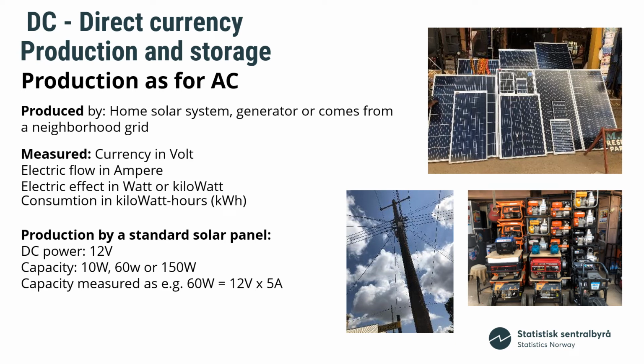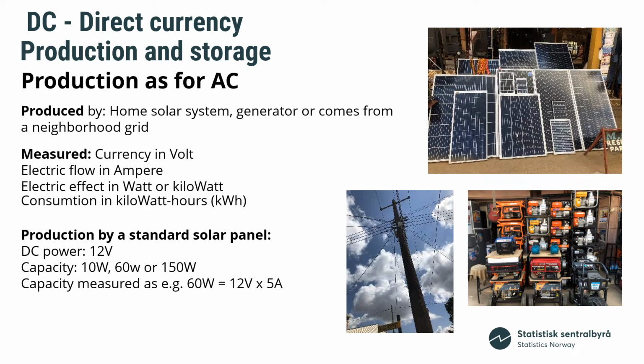The DC power is produced in the same manner as the AC power. If you try to transport this around your community or even further away, you lose a large share. It's however possible to store this type of energy in simple batteries. Hence, DC power is either produced close to consumption or stored in a battery.